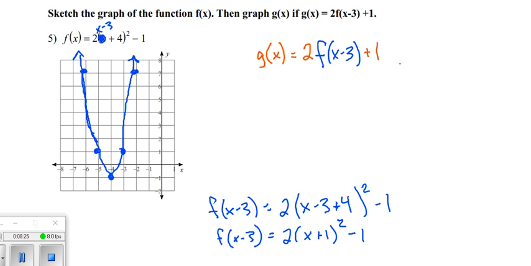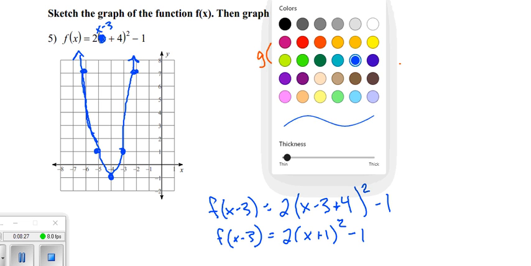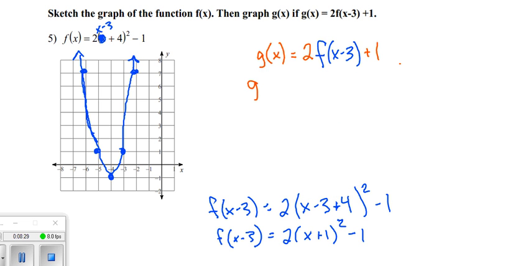Okay. So up here in g of x's equation, when I come to f of x minus 3, I'm going to place that whole function right there. 2x plus 1 squared minus 1. And the plus 1 still comes down here at the end.